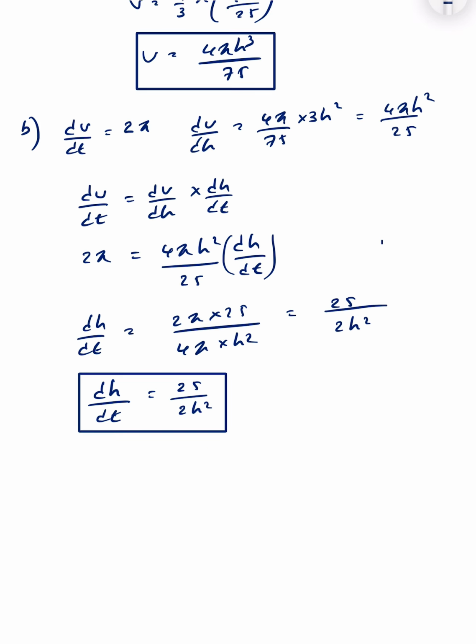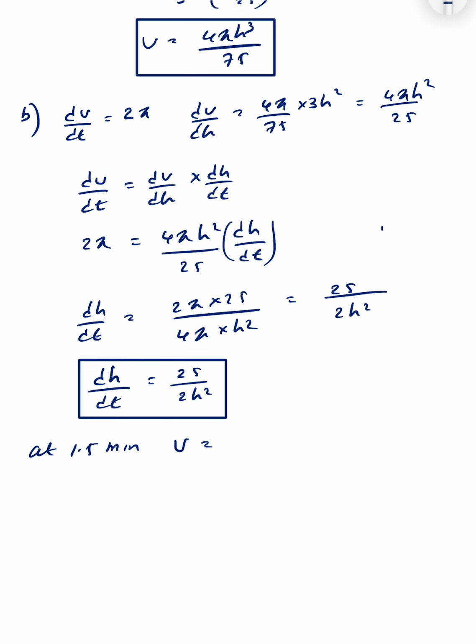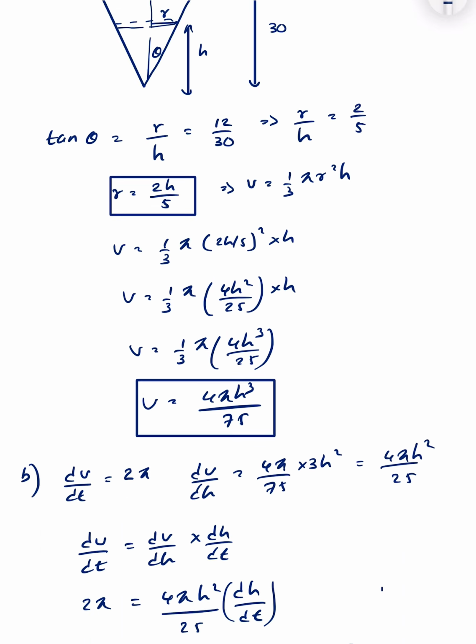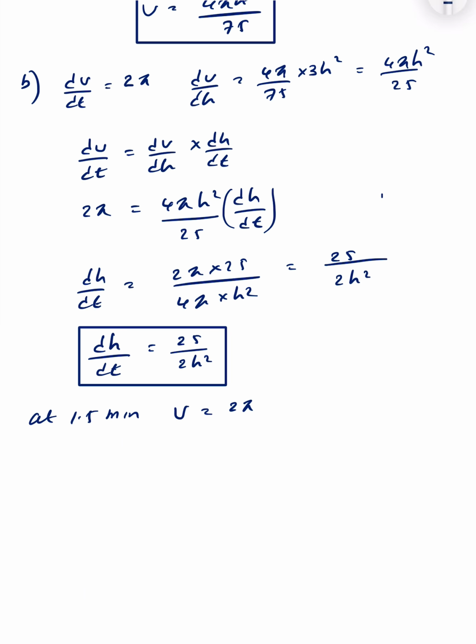However, at 1.5 minutes, the volume of water that is already in the container will be 2 pi per second. They say per second 2 pi. So how many seconds does it mean? 1.5 into 60. So this should give you 180 pi. That's the volume of water.